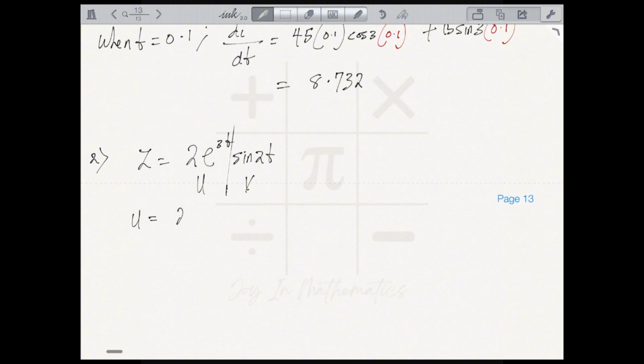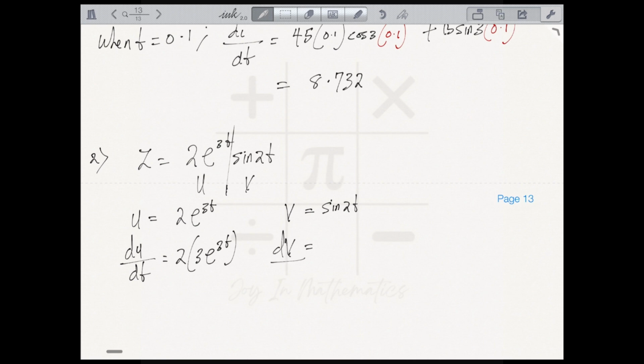So our u is 2 exponential 3t and our v is sine 2t. Therefore, our du/dt, according to differentiating exponential, is 2 multiplied by 3 exponential 3t, which gives 6 exponential 3t, and our dv/dt will give us 2 cos 2t.